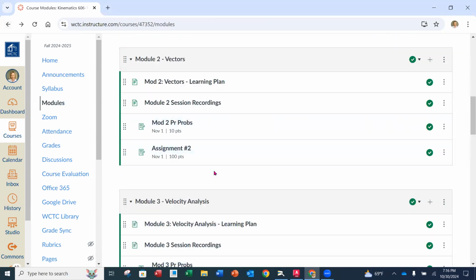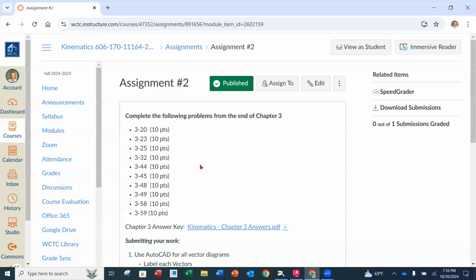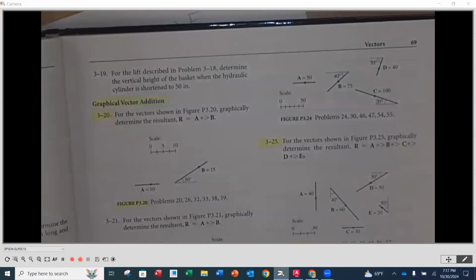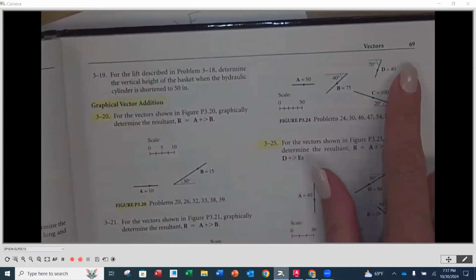All right. Then let's look at assignment number 2. There are quite a few questions here, but again, you're going to find that they kind of overlap a little bit. So at the end of chapter 3 is where we are going to find these problems. Your first problem is going to be 320. You go underneath here. 320 is on page 69.